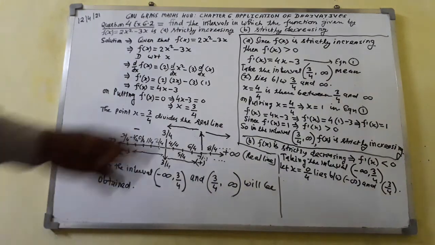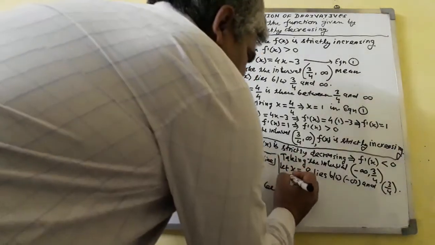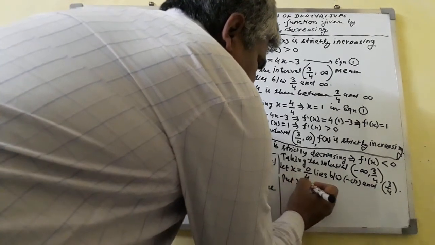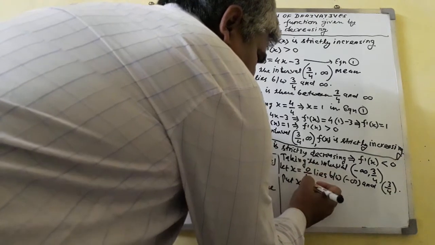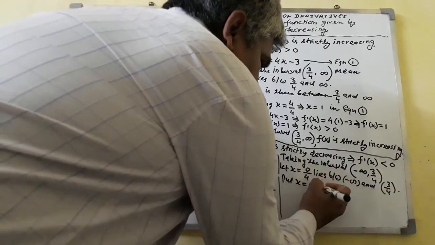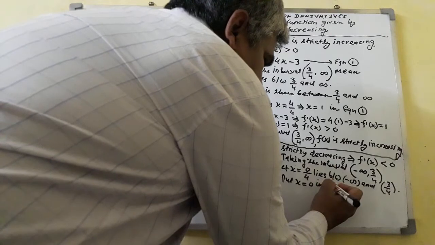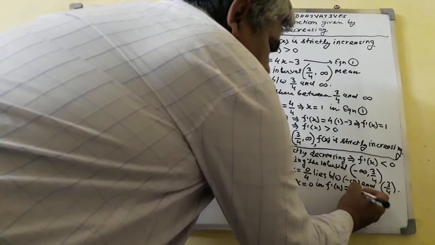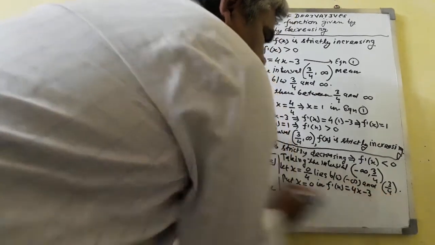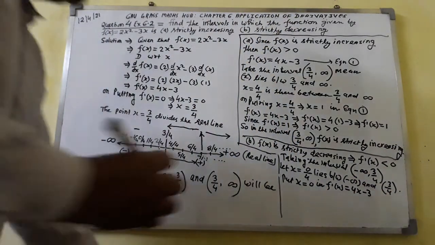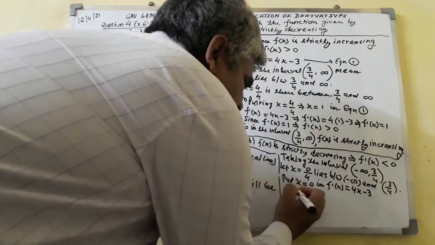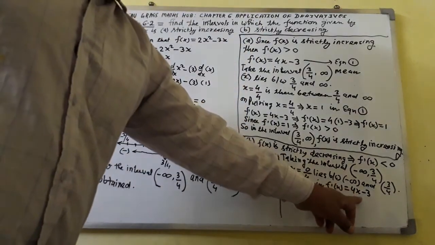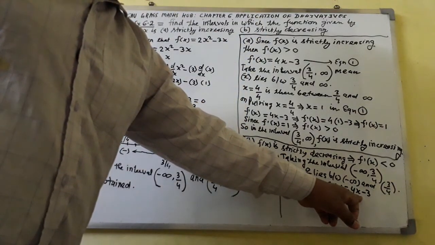Now f dash x, we have got this one. Put x equal to 0 in f dash x equal to 4x minus 3. So we shall get f dash of x equal to, here in place of x I shall put 0.